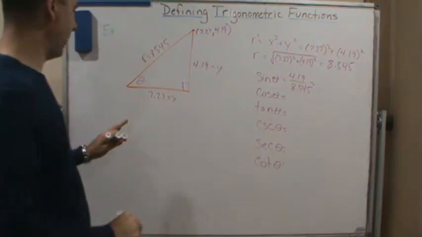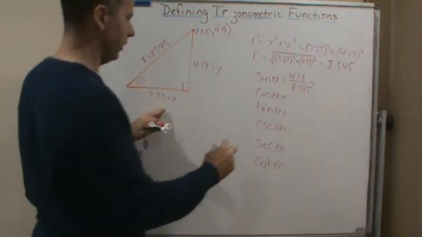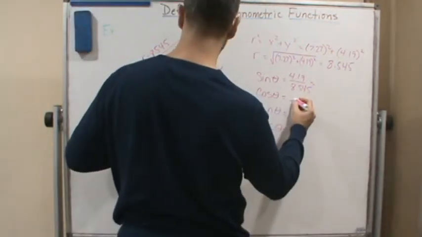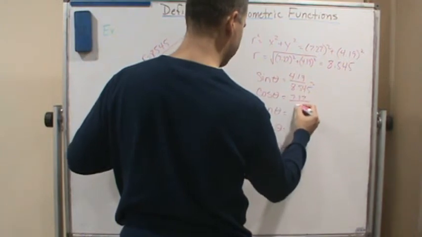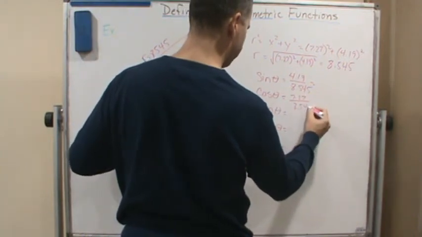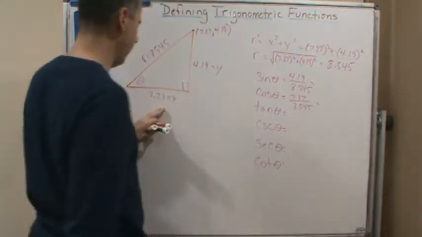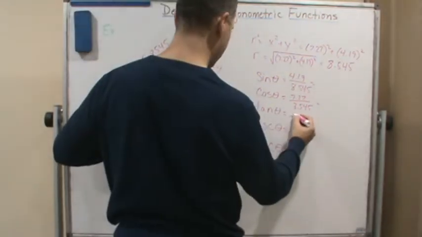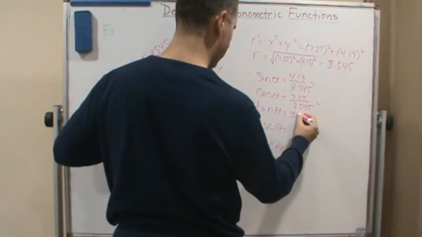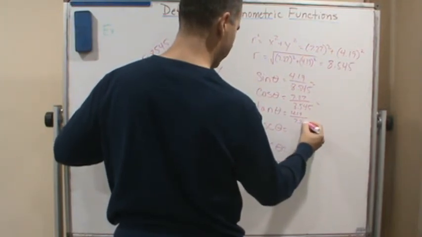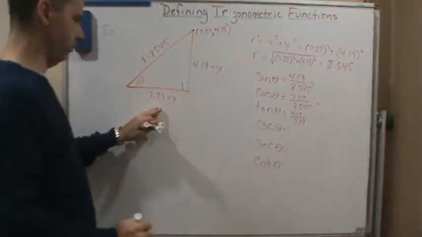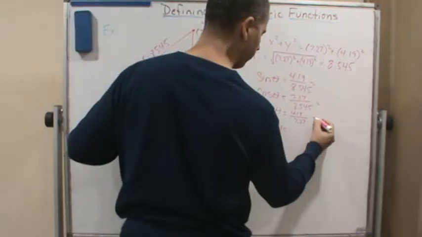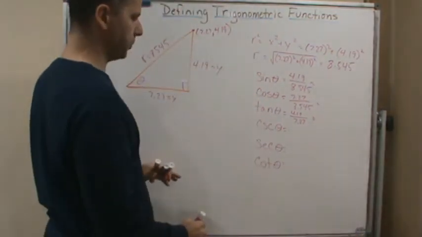And then cosine is adjacent over hypotenuse. So that's going to be 7.27 over 8.545. Okay. And then tangent is opposite over adjacent. So that's going to be what? That's going to be 4.19 over 7.27.